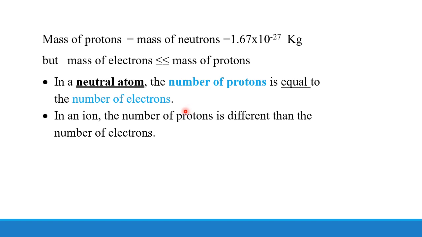Whereas, when this atom gains or loses electrons, this means that the number of electrons either increases or decreases. Thus, this atom becomes an ion. Then, in an ion, the number of protons is different than the number of electrons.